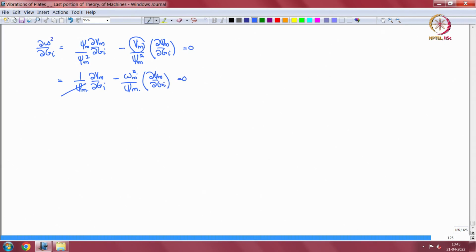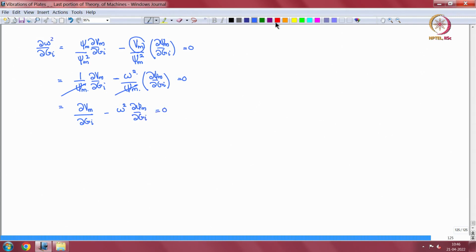If we remove this psi m, let me not bring in this index, I get del Vm by del g i minus omega square del psi m by del g i equal to 0.